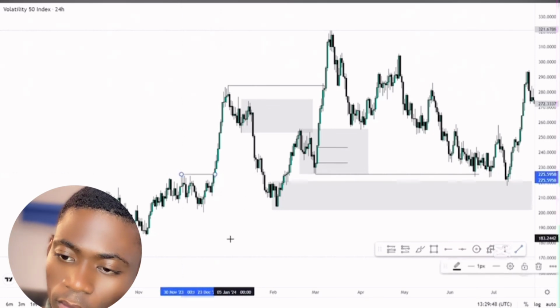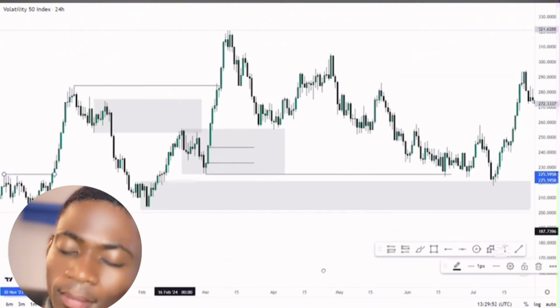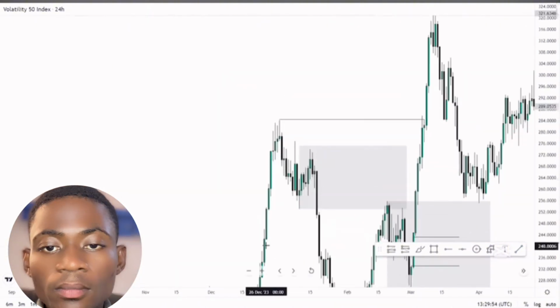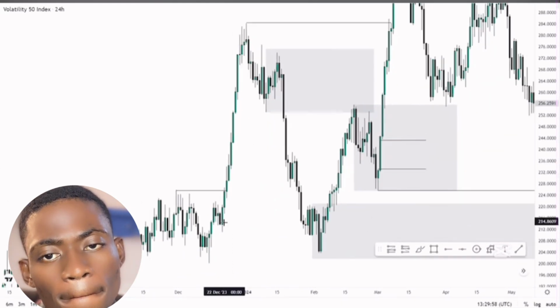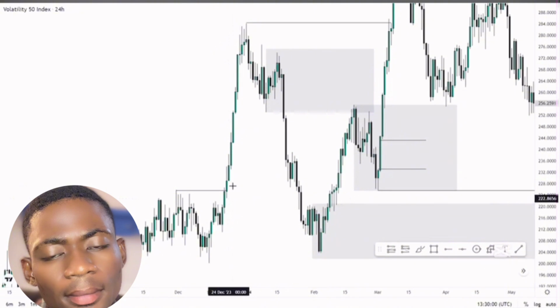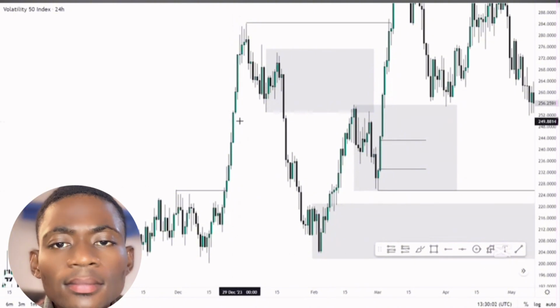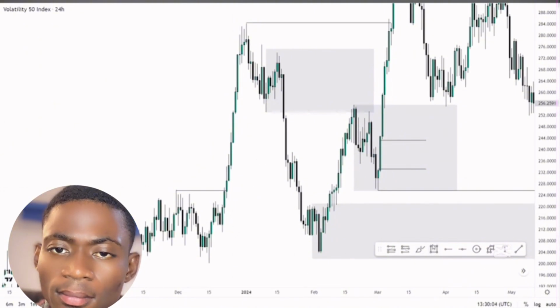After we had this break of structure to the upside, see where we had our impulse area. We had this impulse to the upside, showcasing to us that the market is currently going in the buy direction.